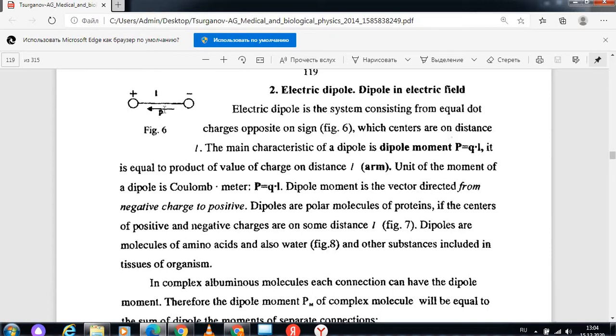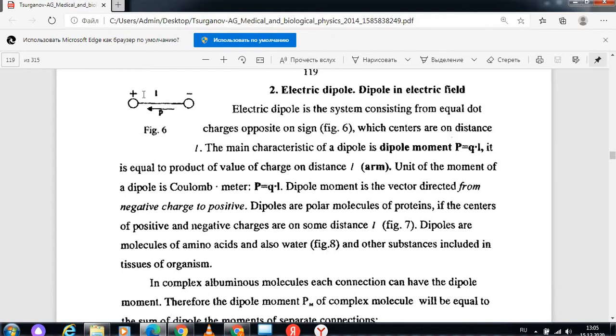Yes, the main characteristic of the dipole is the dipole moment. P is equal to Q multiplied by L. It is equal to the product of the value of the charge Q, because they are the same in the model but opposite in sign, and the distance between them.